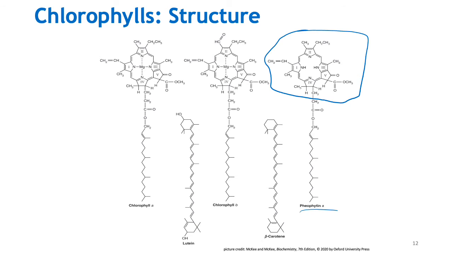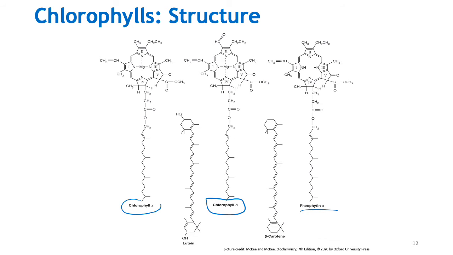Okay. Now look at the chlorophyll B and chlorophyll A structure. It's hard to find what the real difference is. You notice that it's an isoprenoid. You can see that repeating isoprene unit, especially in this part of the molecule. You notice that it has an ester right here, an ester right there, and magnesium in the center surrounded by a porphyrin ring. Well, I'm going to help you find the difference.